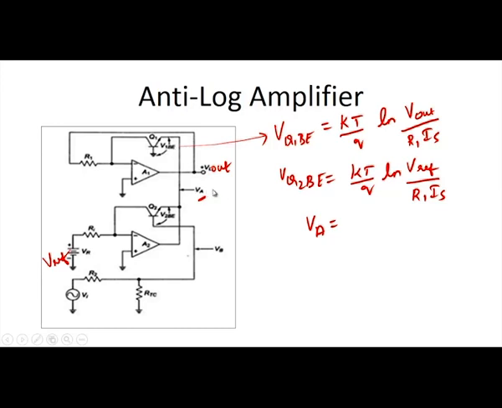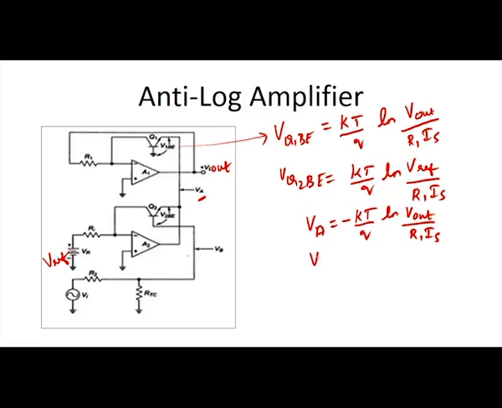So, VA is equal to minus VQ1 BE. So, I include a negative sign for the equation, V out by R1 IS. This is VA from the transistor Q1.